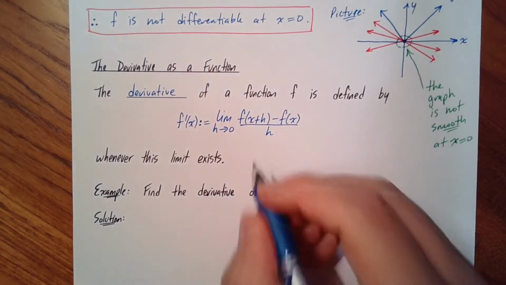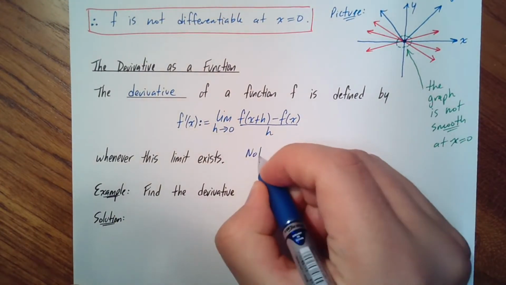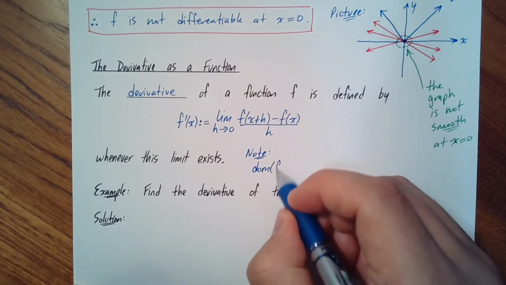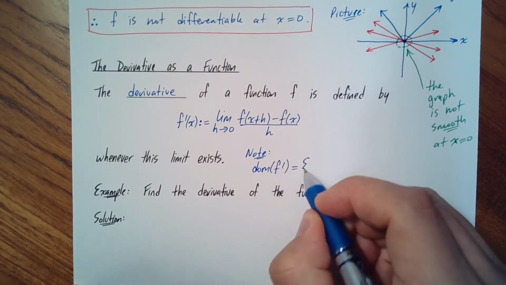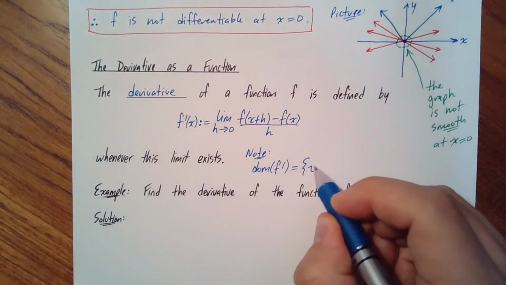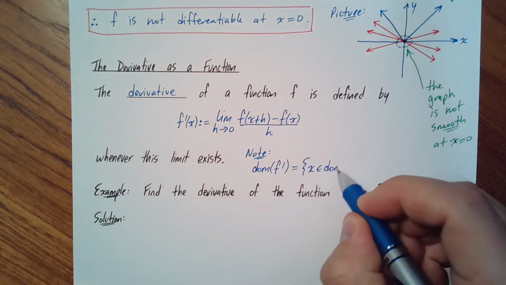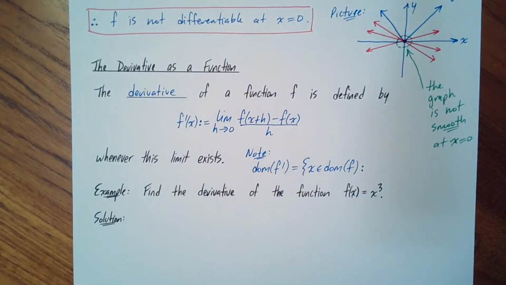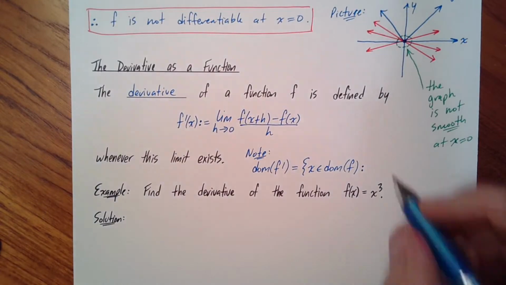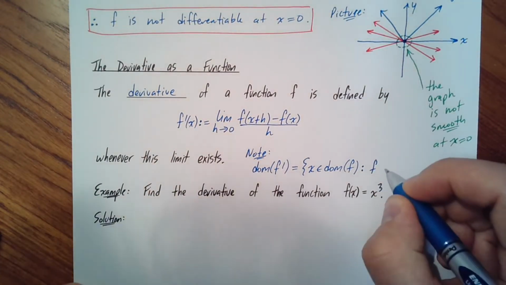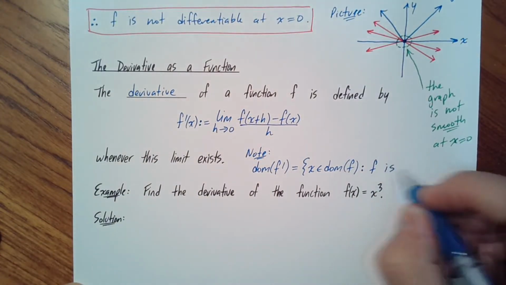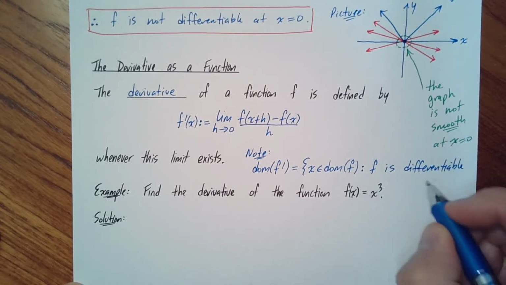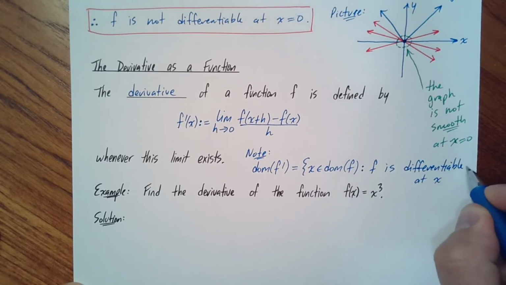And note, you can add in the following. I'm going to say the domain of f prime is just going to be the set of all numbers x, which happen to be in the domain of f, such that f is differentiable at x.